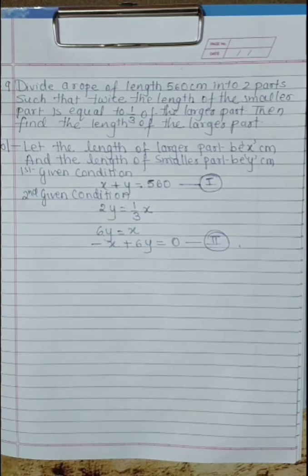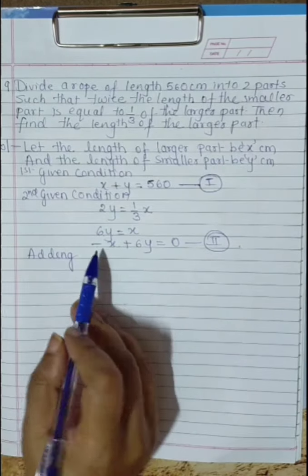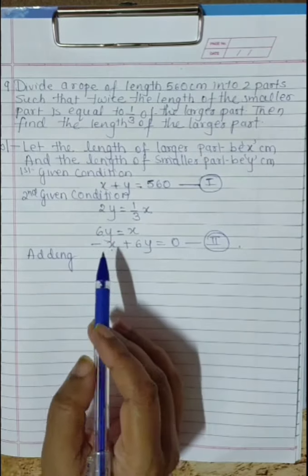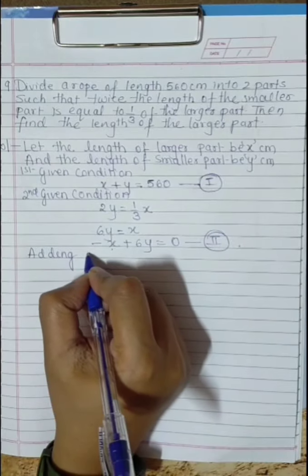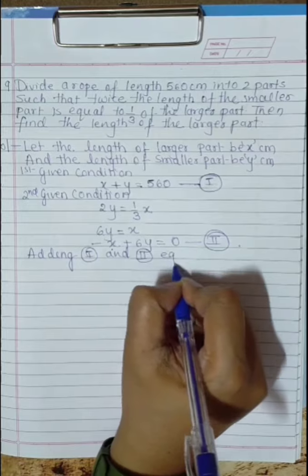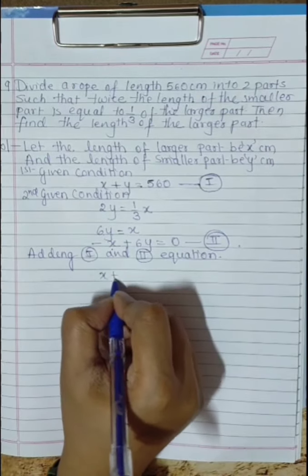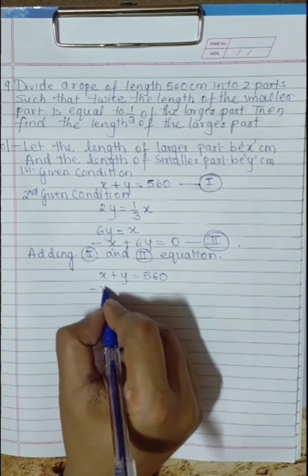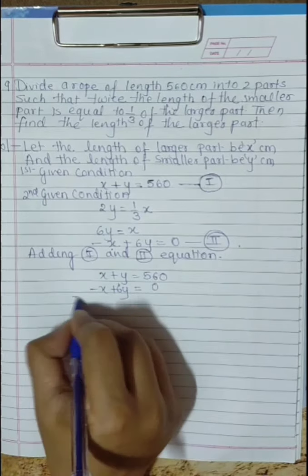Okay, now adding. As you can see, we have plus x and minus x. We can easily add these to get the value of y. So adding first and second equation, x plus y equal to 560 and minus x plus 6y equal to 0.